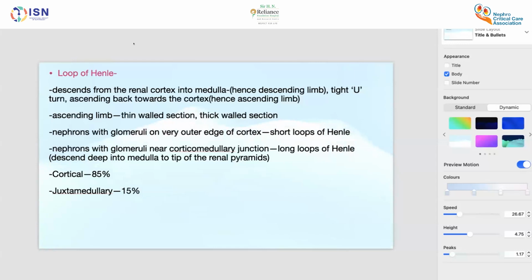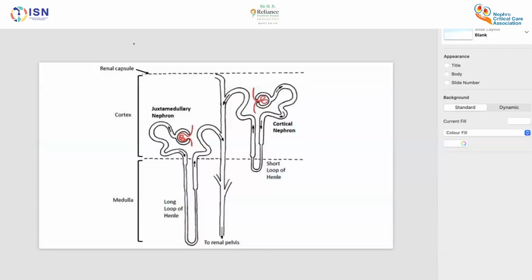Nephrons with glomeruli on the very outer edge of the cortex have short loops of Henle, and nephrons with glomeruli near the corticomedullary junction have long loops of Henle which descend deep into the medulla to the tip of the renal pyramids. These cortical nephrons constitute almost 85% of the total nephrons, and the juxtamedullary nephrons only 15%. This is the structure of the juxtamedullary nephron and the cortical nephron.